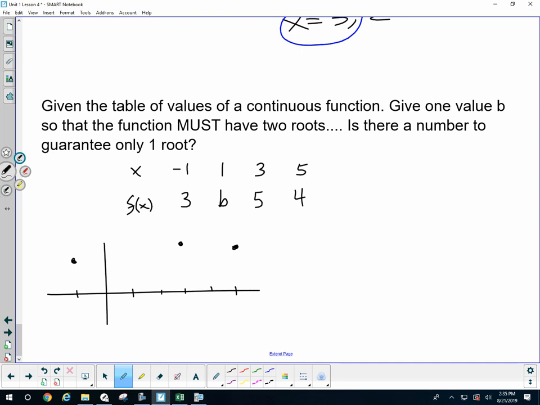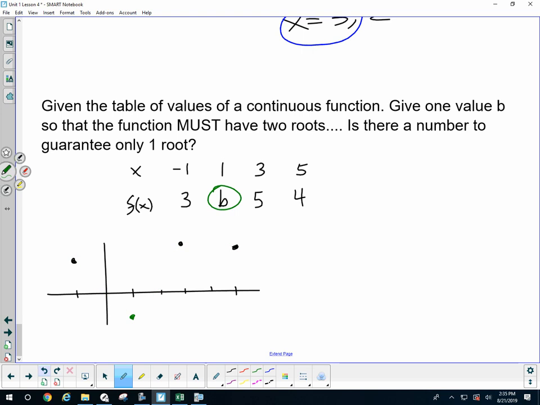Okay? It's very, very important to know that all you know is what's going on here, here, and here, and whatever you decide b to be. A lot of people think, oh, if I put b down here, then the function is probably going to connect smoothly like that. You don't know that.